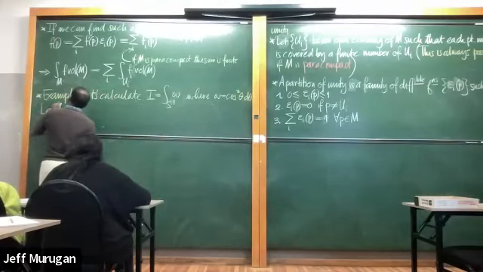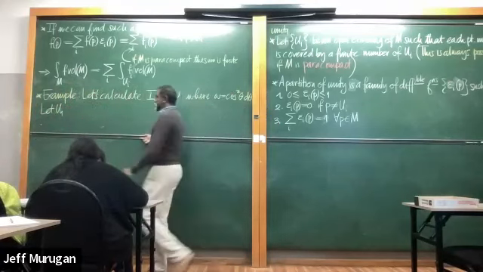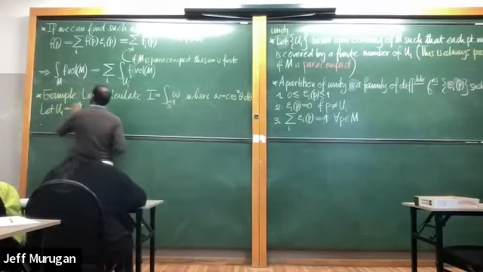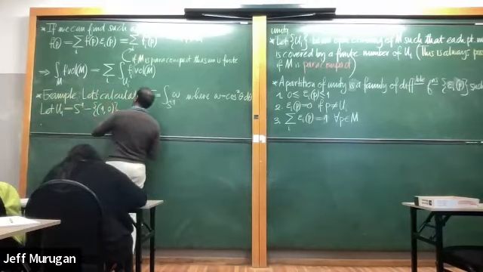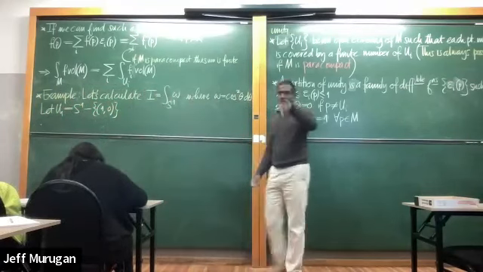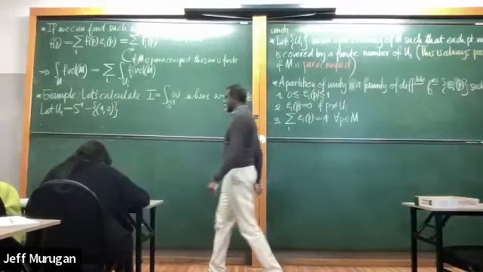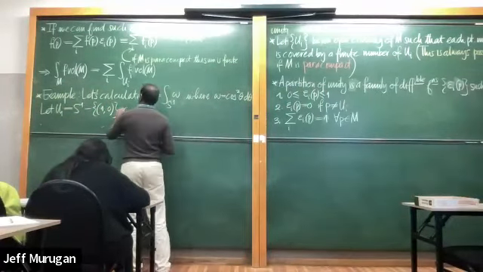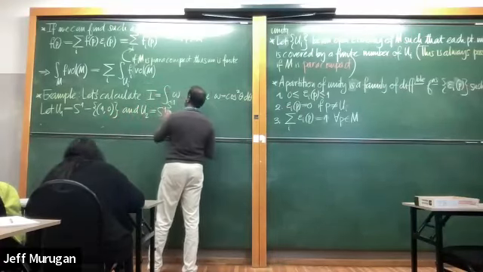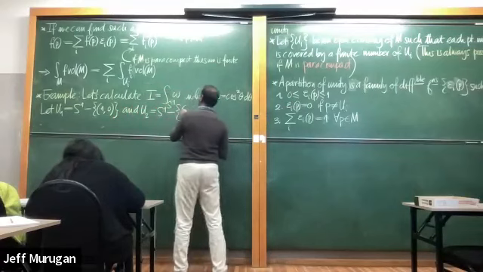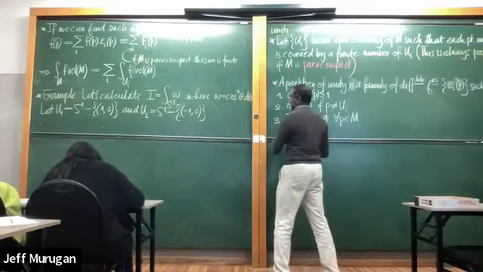I'll start by writing down charts that cover the circle. U1 is S1 minus the point (1, 0). So you take the circle and eliminate the point along the x-axis at 1. U2 will be the circle minus the point (-1, 0), which is diametrically opposite.